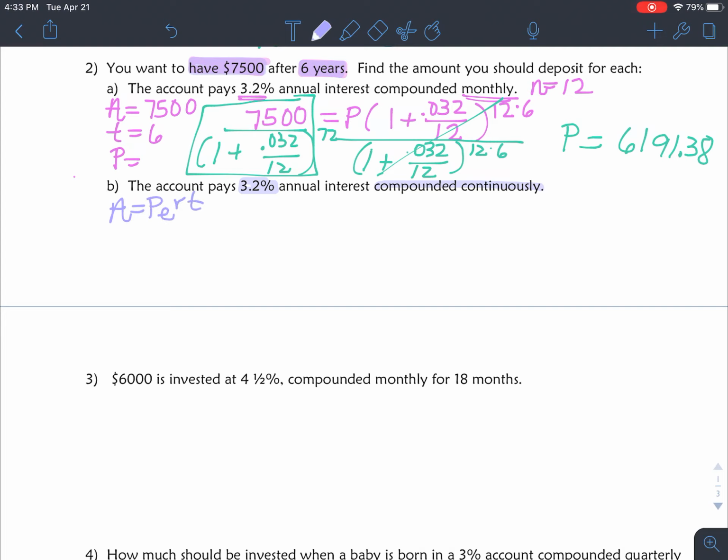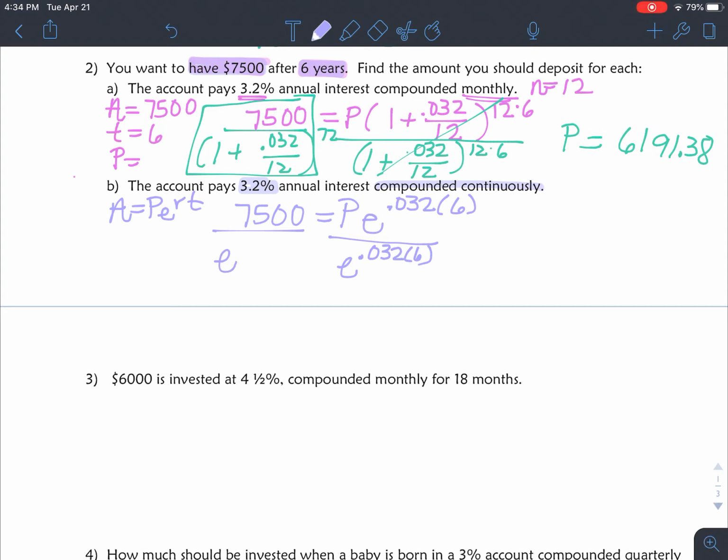So we want to have $7,500. We don't know P. e raised to the 0.032 times my time of 6 years. So I would divide by e raised to that 0.032 times 6.